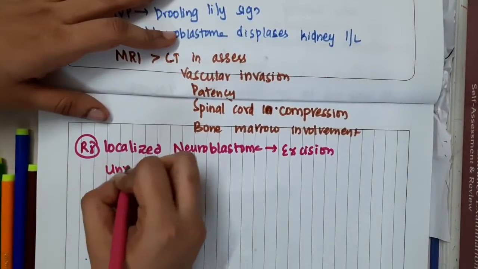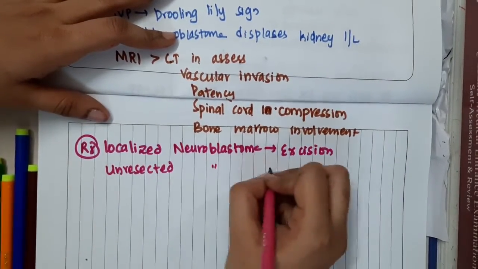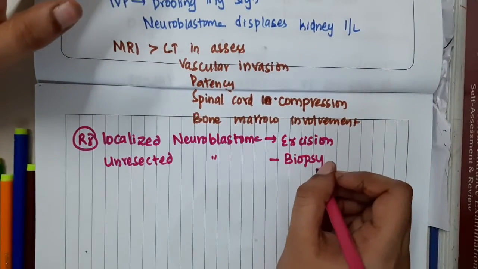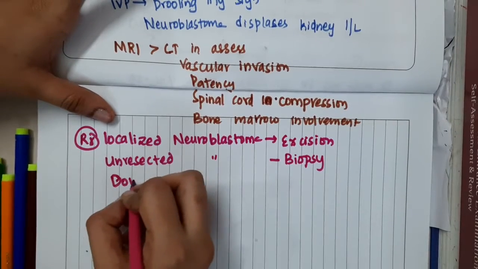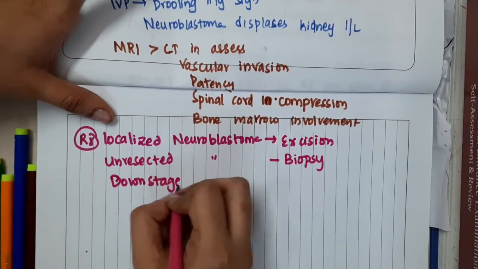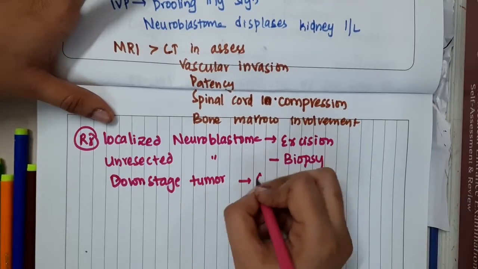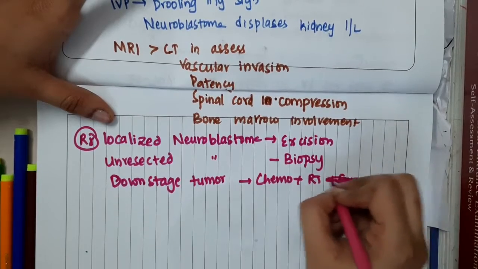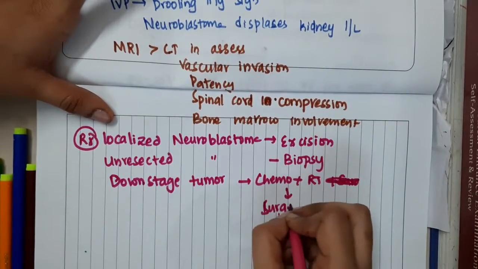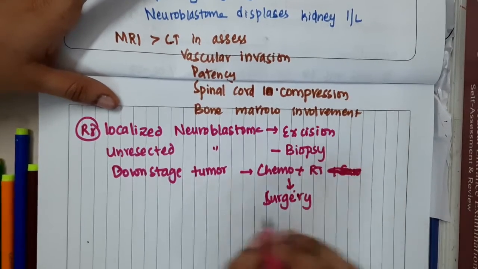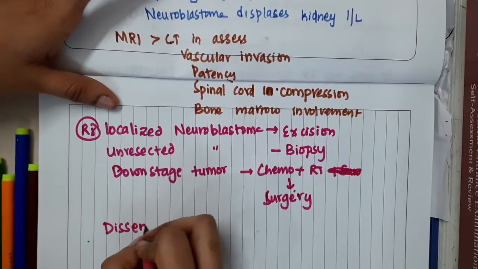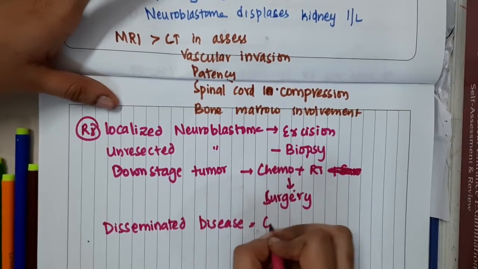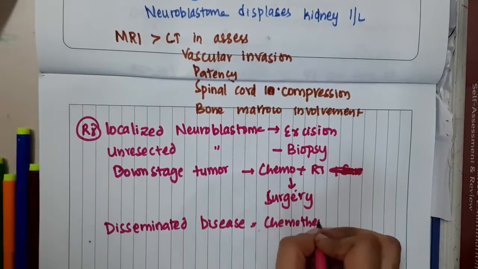If there is an unresectable neuroblastoma, first you should do a biopsy, and then downstage the tumor by chemotherapy plus radiotherapy, followed by surgical resection. And if there is disseminated disease, then chemotherapy can be done.